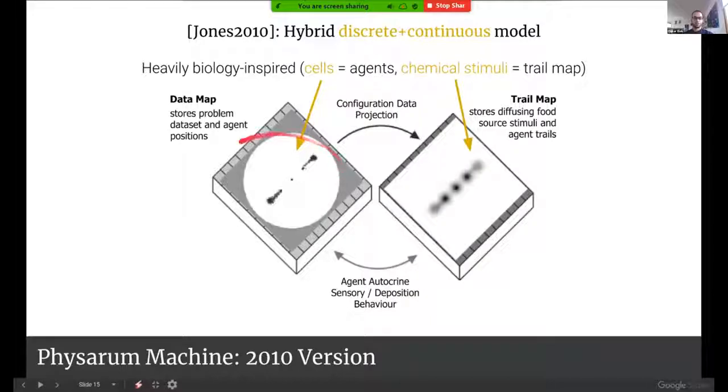So here we have a schematic view of this. The left part is a data map, which is the agents themselves, which represent the nuclei of this organism. And then there is a continuous, he calls it trail map, which stores the continuous chemical density of the attractant, which then guides these agents to specific places in space, most prominently to the data sources, of course.